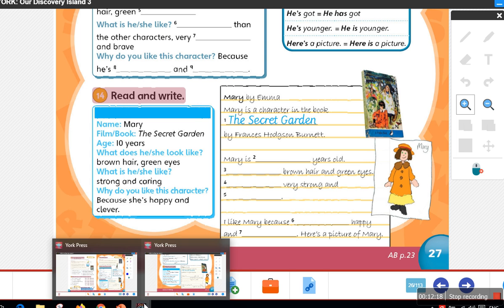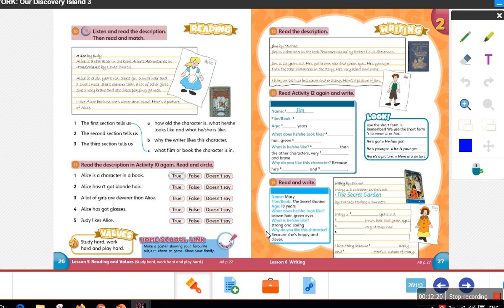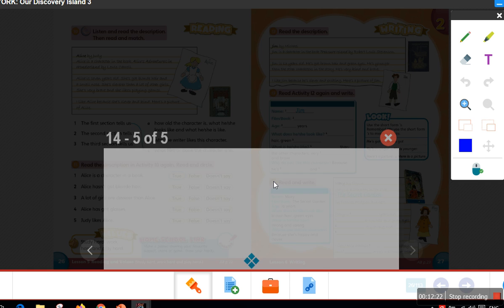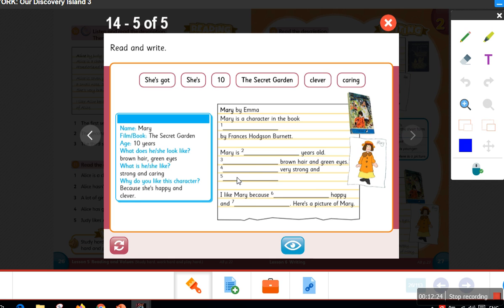So if you can see, let me show you. Here, Mary is the character in the book The Secret Garden. Mary is 10 years old. She's got brown hair and green eyes. She's very strong and caring. I like Mary because she's happy and clever. Here is a picture of Mary.